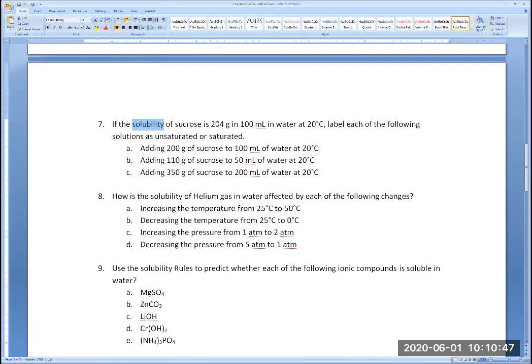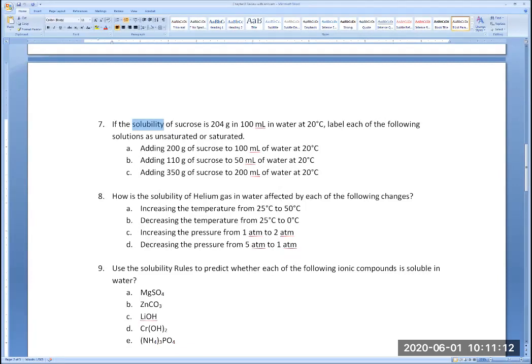And so it's a value, and typically it's given for water. There are tables for common compounds that give their solubility in 100 milliliters of water at different temperatures. So it's curves actually, because the solubility varies as a function of temperature.